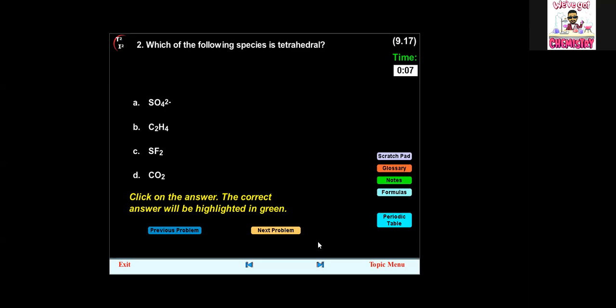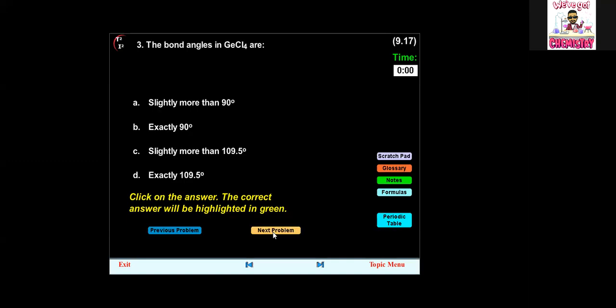Which of the following species is tetrahedral? Three, the bond angles in GeCl4 are.